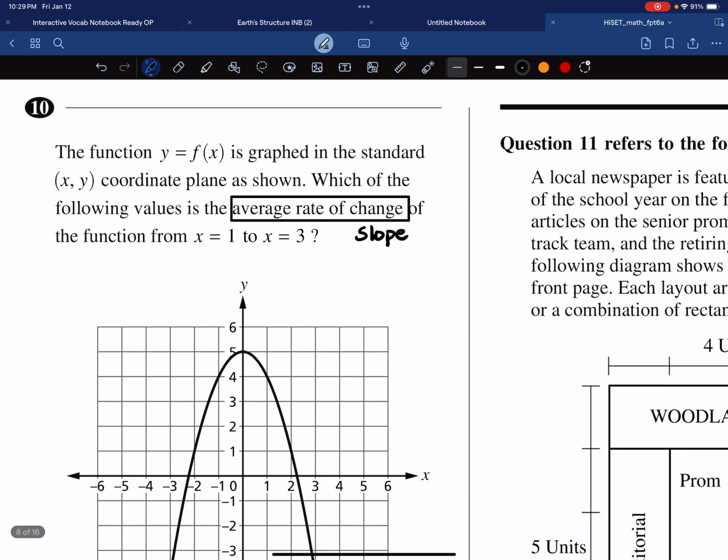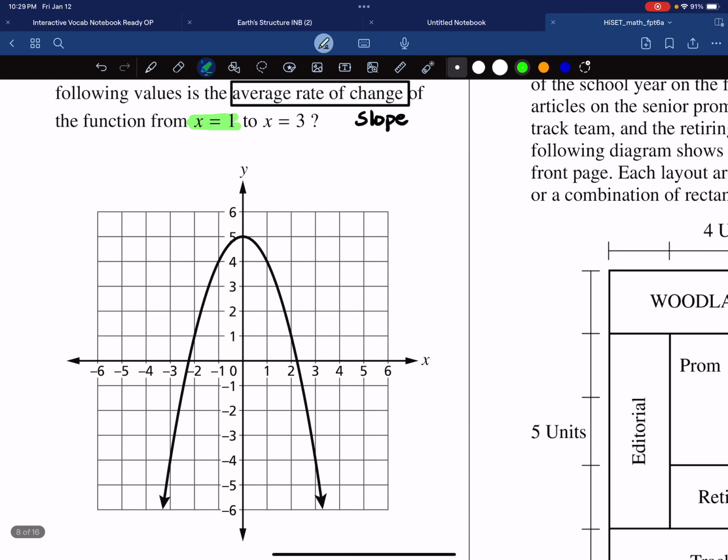And they're wanting us to look at two different points. Let me make them two different colors. They want me to find the one at x equals 1. So when x is 1, right here, is where the dot is going to be. So let's put the dot right there.